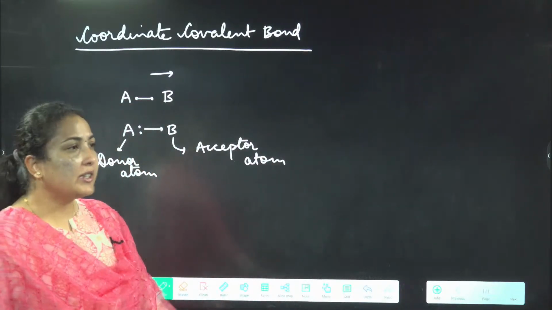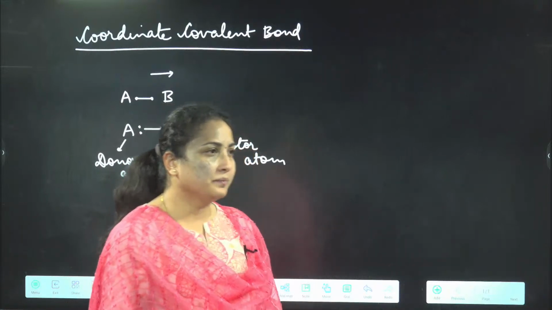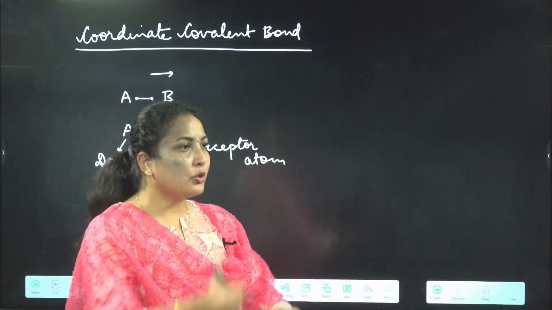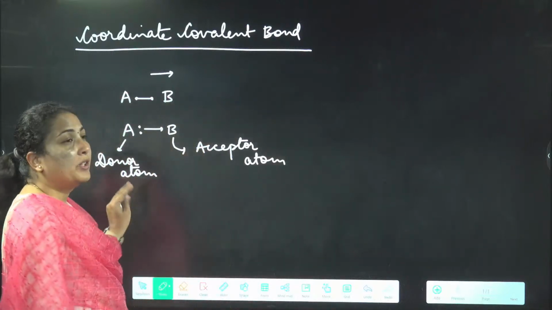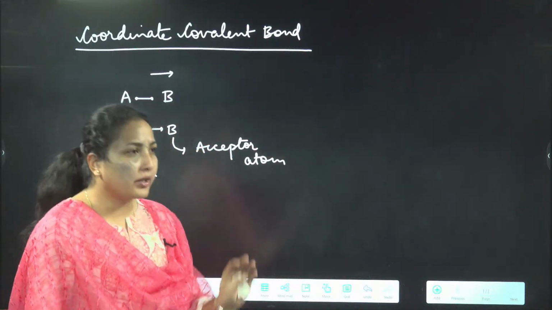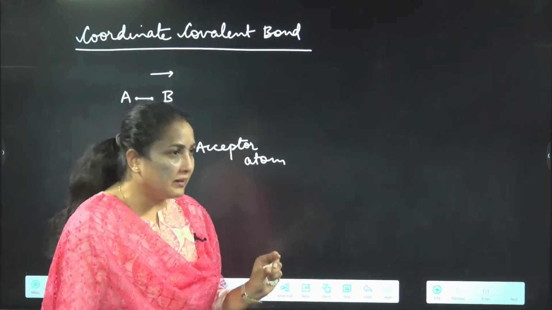Normally we tend to help people only when we first help ourselves, right? We should be self-sufficient to help others. So here also, the donor atom or donor species should have its octet complete.